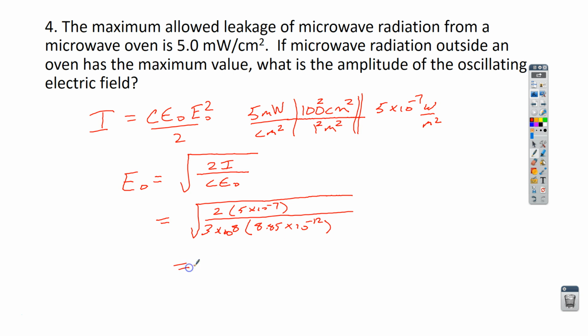If you do that, you should end up with about 0.019 volts per meter. That's a pretty small intensity, so we should have a very small electric field on the outside.